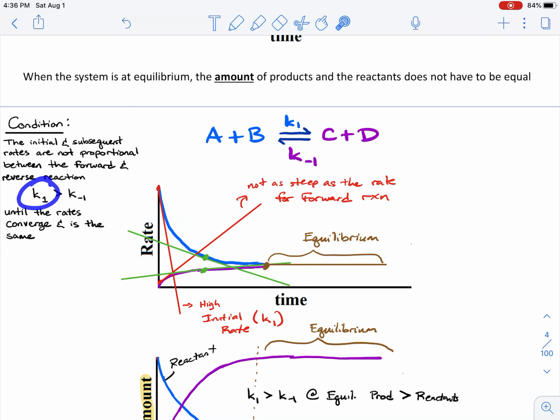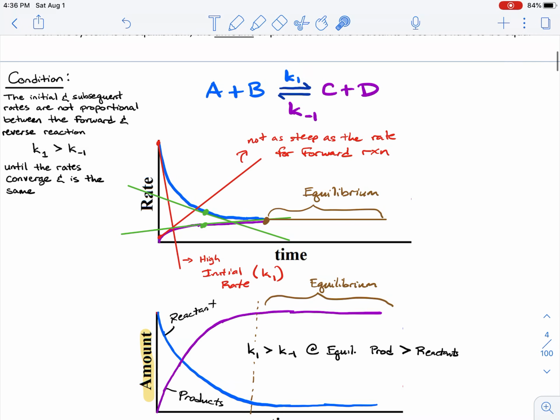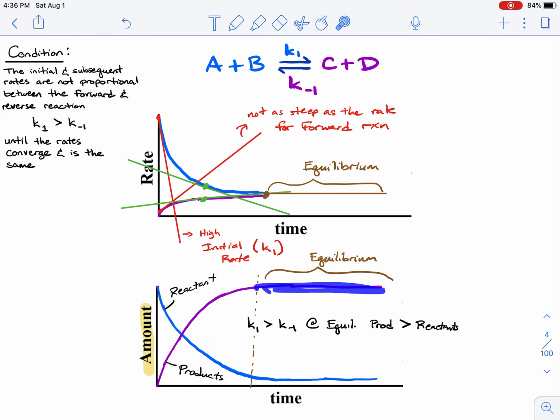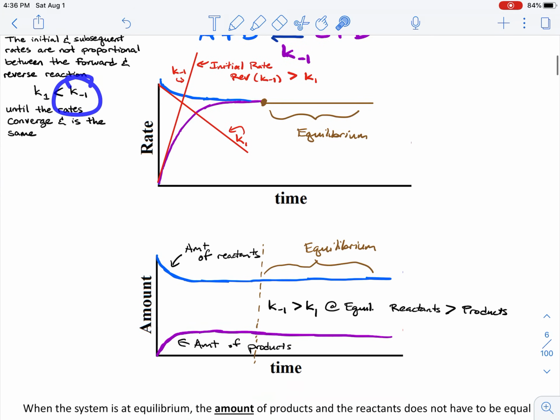If the forward reaction predominates, then there should be more products than reactants. And if the reverse reaction predominates, then there should be more reactants than products.